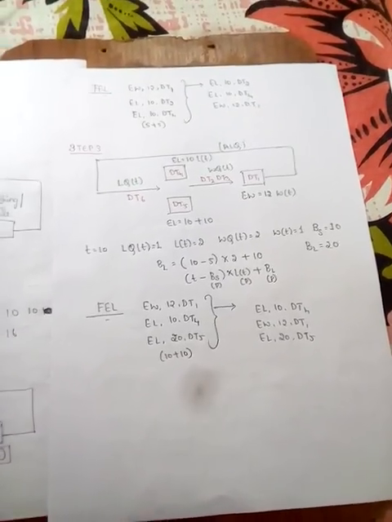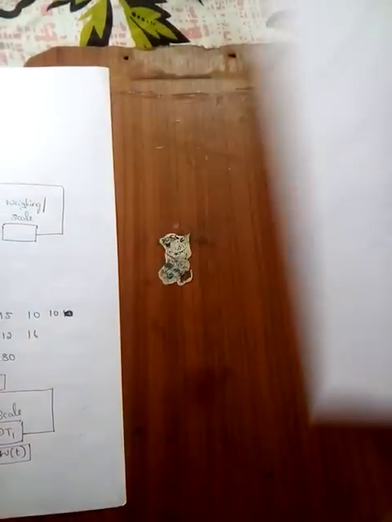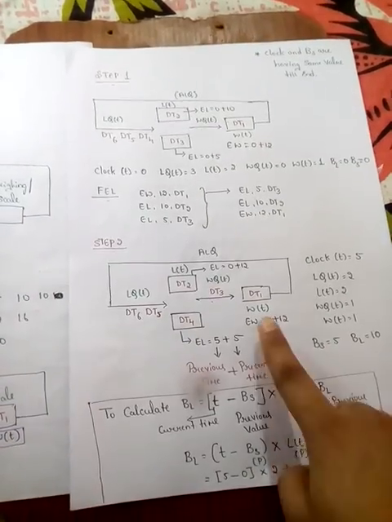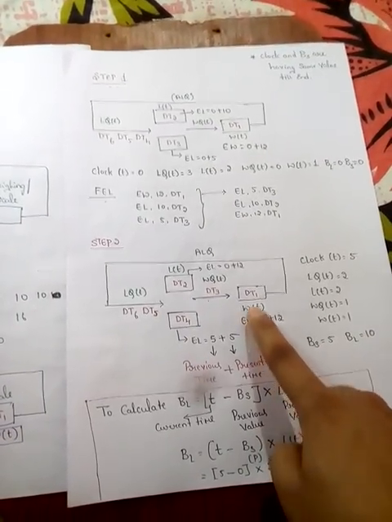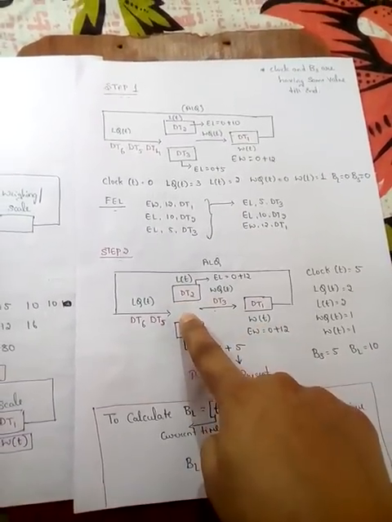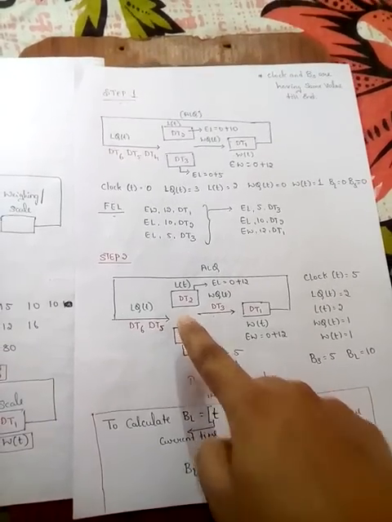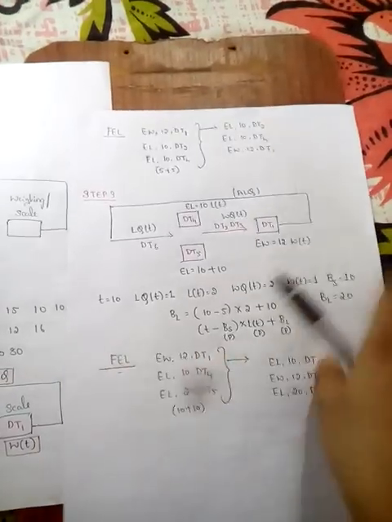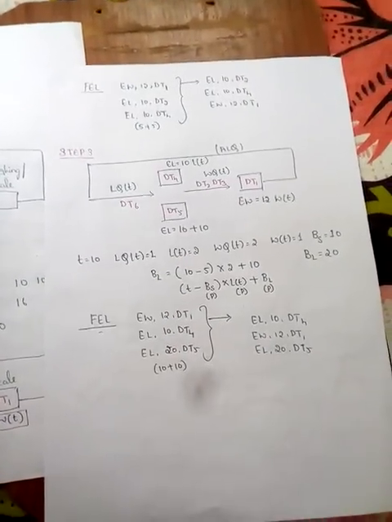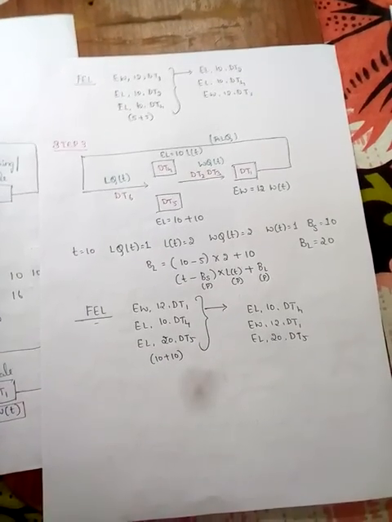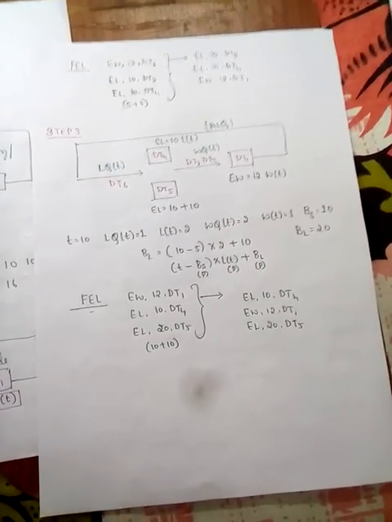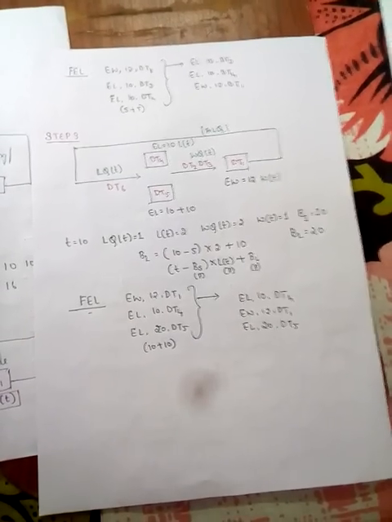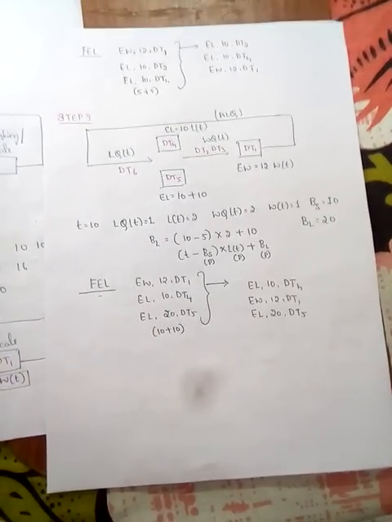The future event list was EW, 12, DT1, then EL, 12, DT2, then EL, 10, DT4. Now I have to rearrange them from minimum value to maximum value. So EL, 10, DT2, EL, 10, DT4, EW, 12, DT1. Next we'll go for step 3.